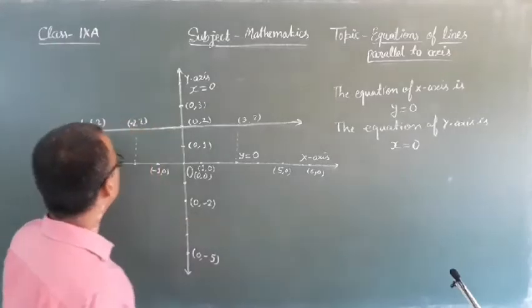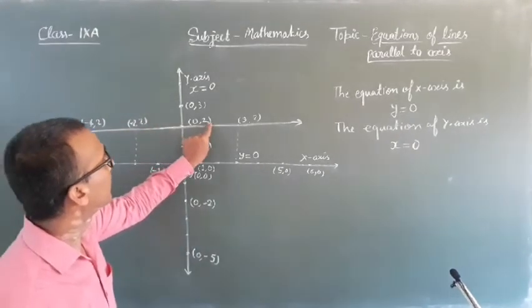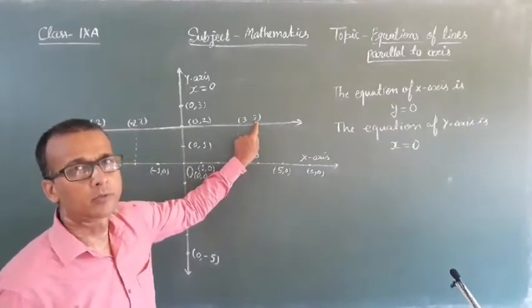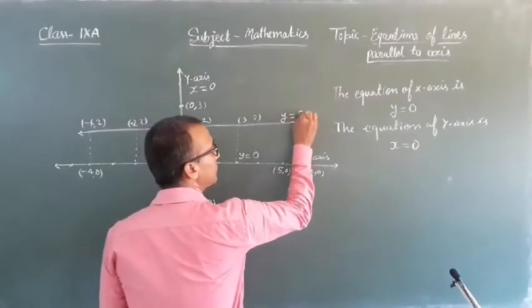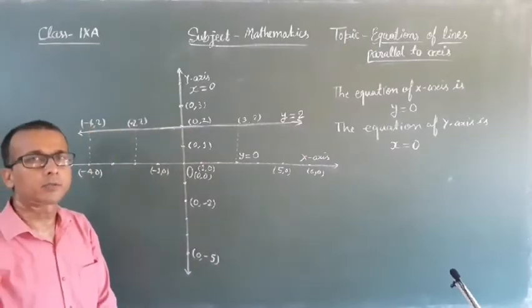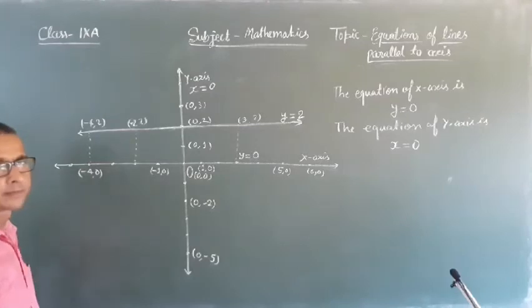You get for the value of y the number 2, that is y = 2. It is the equation of this line.